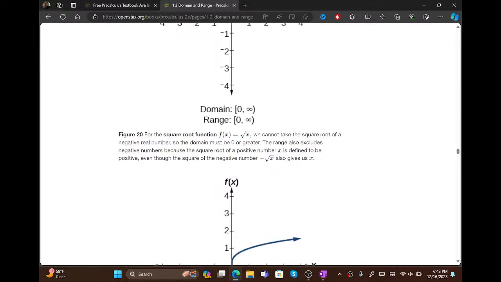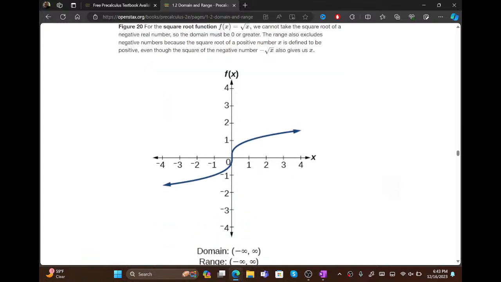The range, so it says we cannot take the square root of a negative real number, so the domain must be 0 or greater. The range also excludes negative numbers because the square root of a positive number x is defined to be positive, even though the square of a negative number also gives us x. So that's what I'm talking about. You have to really look at the sign for these on the radical.